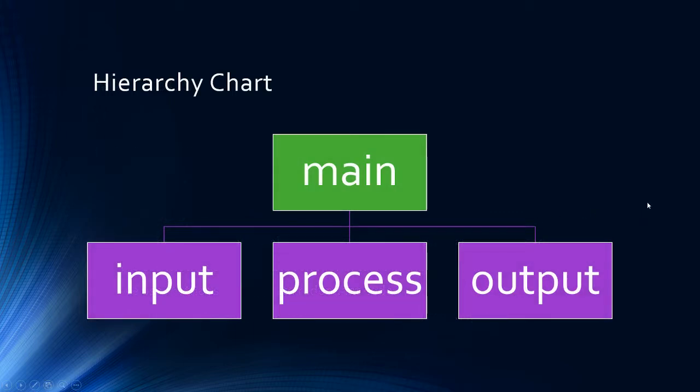You should remember the hierarchy chart from your intro to programming days. Normally, we like to see a nice modular approach, like a main module that calls an input module, a process module, maybe an output module. Now we're going to see a lot of varieties in this hierarchy chart. This is by no means a rule.